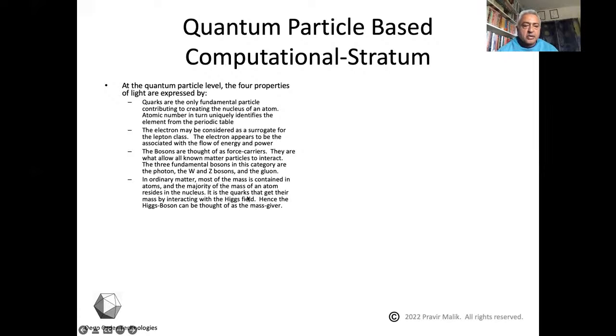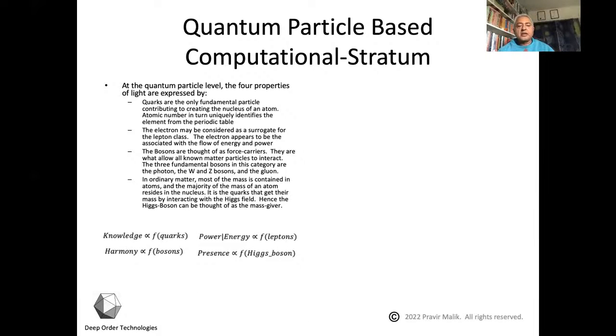When we think about the creation of matter, the majority of the mass of an atom resides in the nucleus, and it is the quarks that, through interaction with the Higgs field, accumulate mass. Therefore the Higgs boson associated with the Higgs field can be thought of as the mass giver or the carrier of light's property of presence.